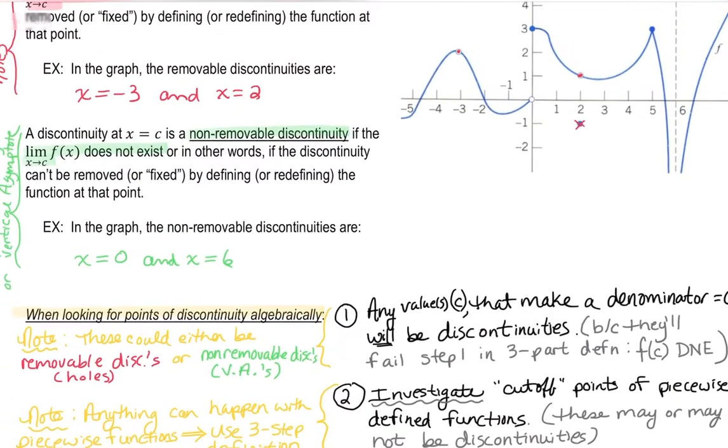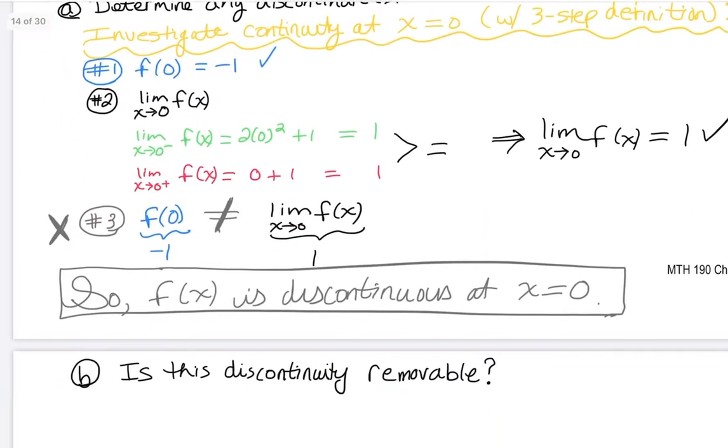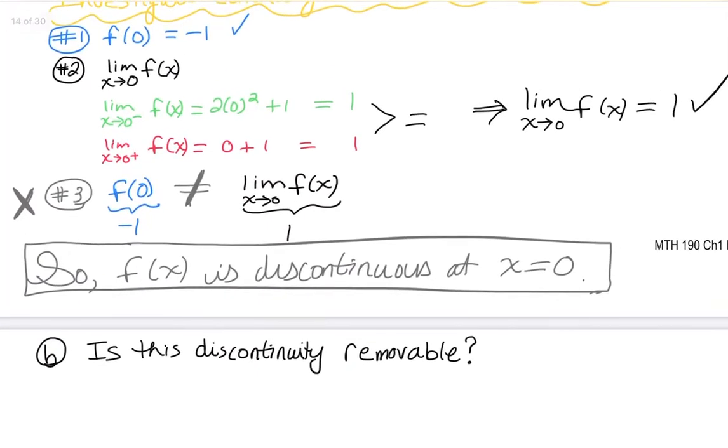Remember, removable discontinuities, what I have up here at the top in red, only happen if the limit exists. So they are removable if their limit exists, and this one does. The limit as x approaches 0 was equal to 1. So this one is definitely removable.